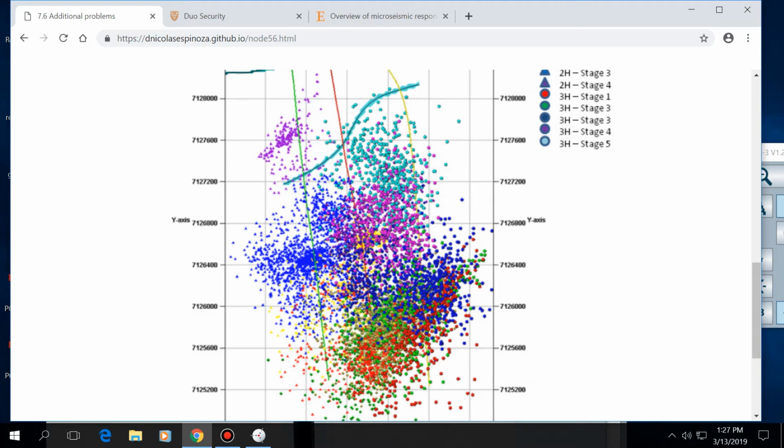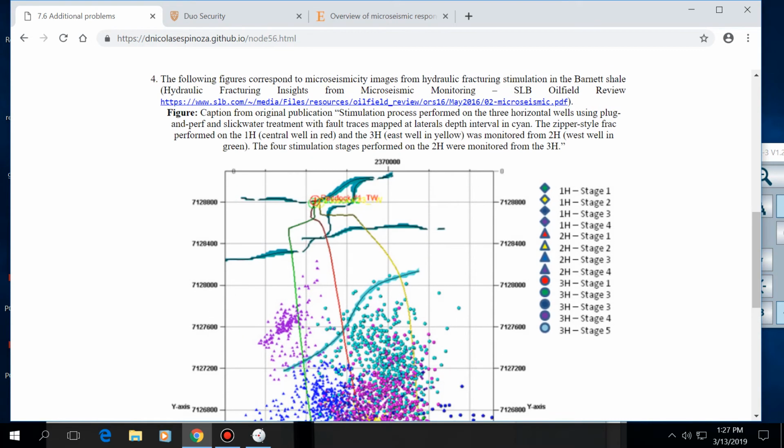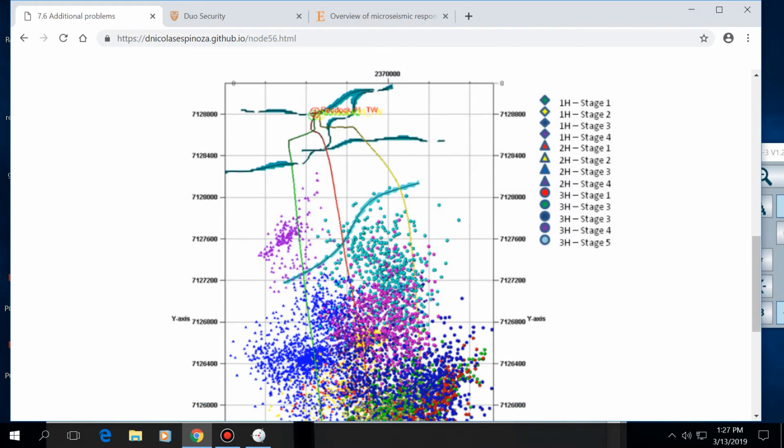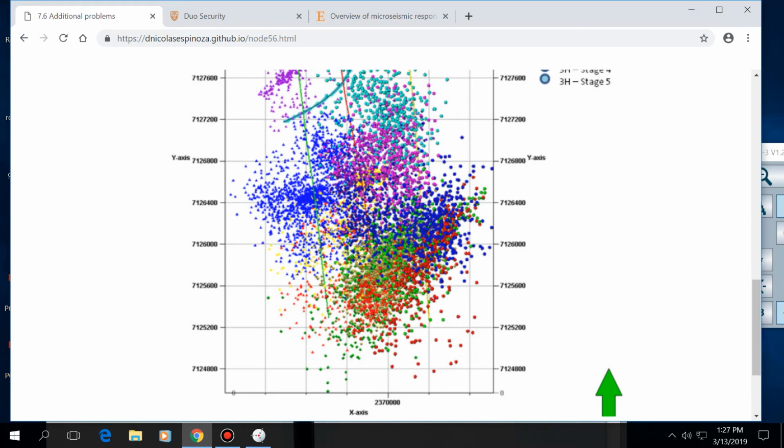When a small fracture in the subsurface slides because basically it's failing in shear, it emits energy. And if it's reactivating, that means that very likely its permeability is also going up. So here you see all of these are horizontal wellbores. These are fracturing stages. You can't see very well where the fracture is going, but you can see where the fracture is reaching out and where it's changing the stresses to a level that is causing shear in the rock.